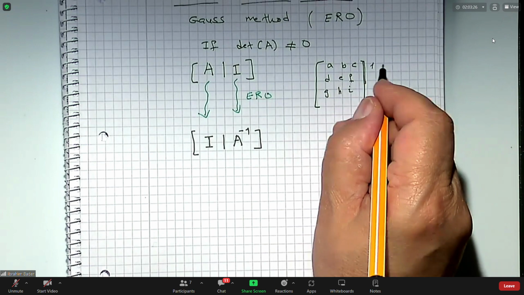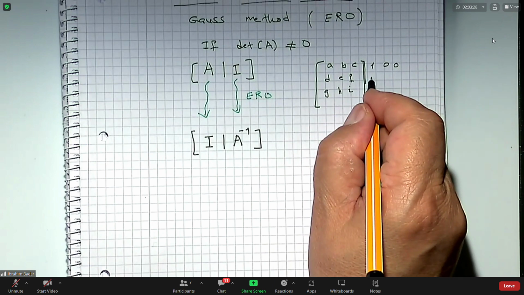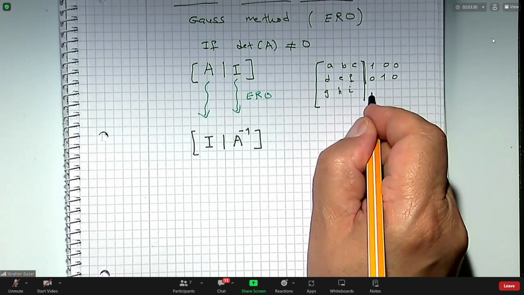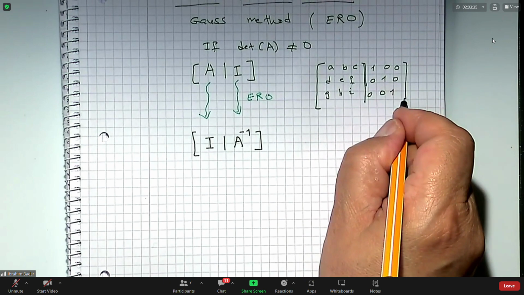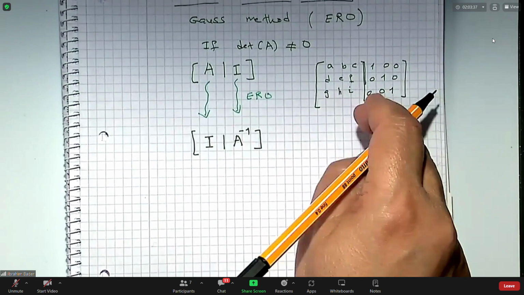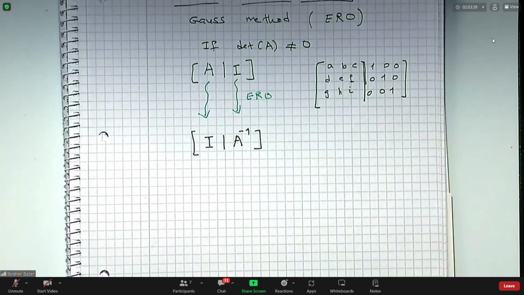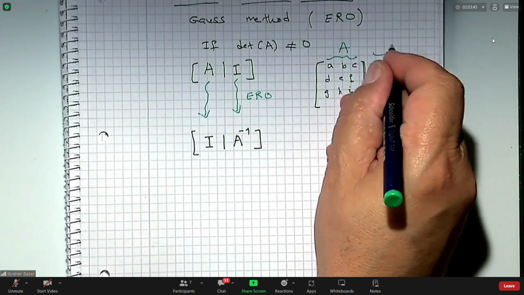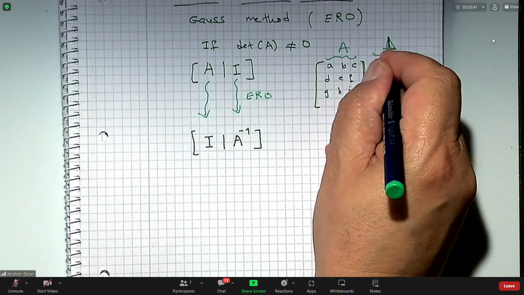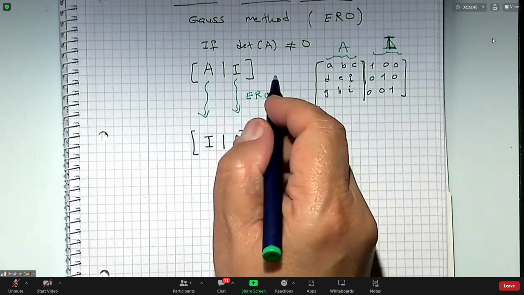Now I will put next to it the identity. Notice that I choose this identity depending on the dimension of the original matrix. This is 3 by 3, so I need the 3 by 3 identity. This is A, and this is I.